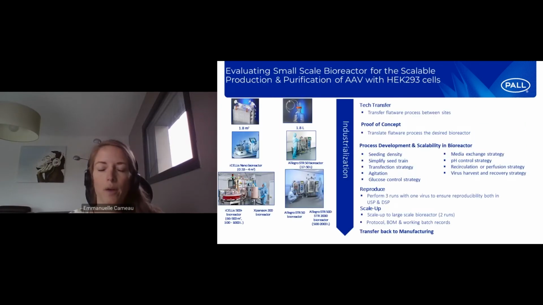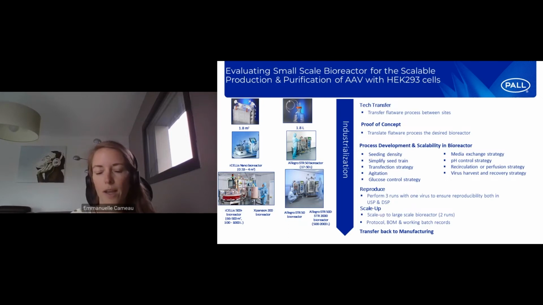So within our process development services, whether it is an adherent or suspension process, we usually go through several steps, such as first, as I explained earlier, the tech transfer, then the proof of concept, and then the process development and scalability in the bioreactor, where we can look at a lot of different parameters, such as seeding densities, transfection strategies, etc. We normally then reproduce the optimal conditions, and then we might scale up if needed.